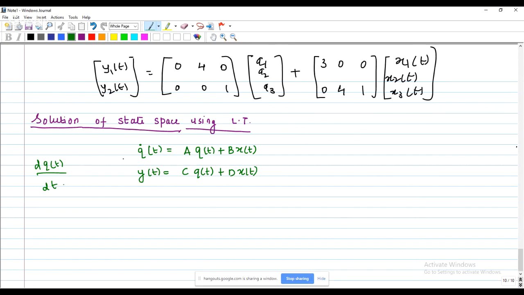Laplace transform of a derivative is given as s times q of s minus the initial condition. Now it is a single order derivative, so you get minus q of 0 is equal to A times q of s plus B times x of s. Similarly, the second equation will be y of s equals C q of s plus D x of s.